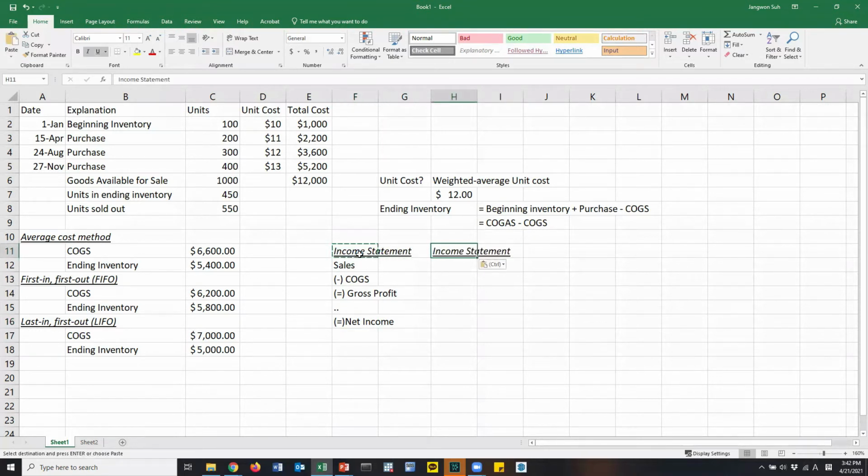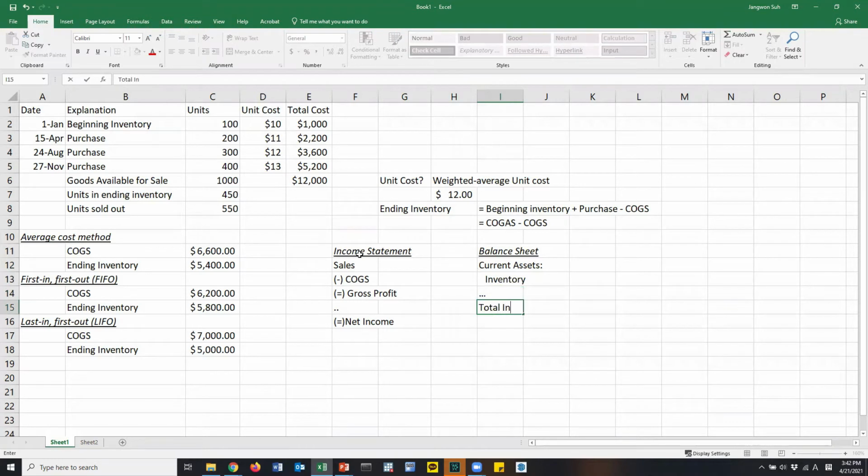Likewise, in your balance sheet, where do you find ending inventory? You find it under current assets. And we've seen that on the LIFO, the inventory is the lowest.